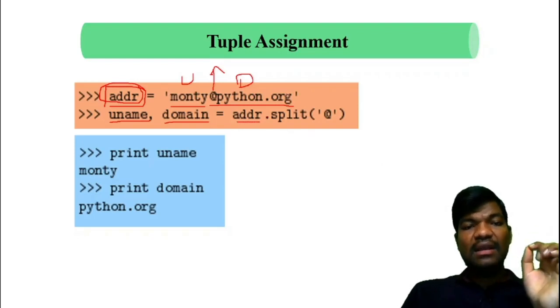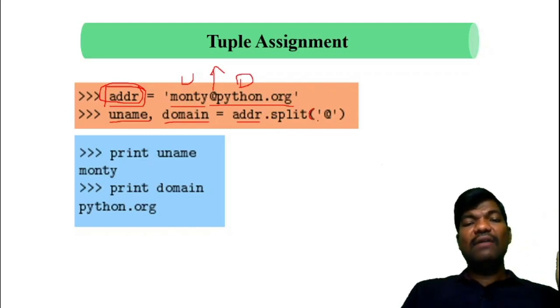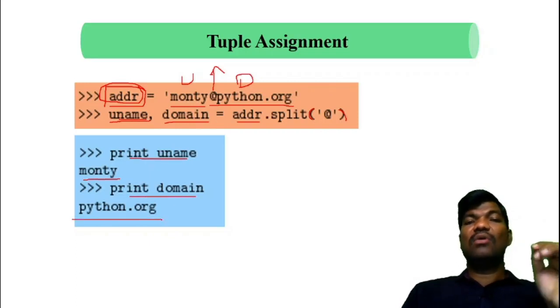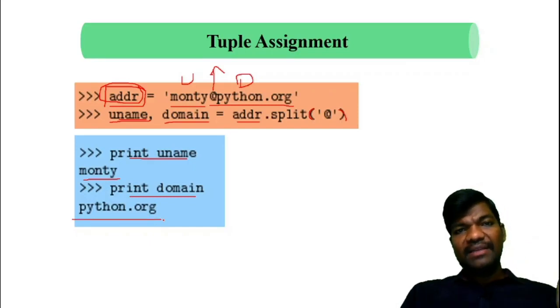This is a string I'm splitting. So what is uname now? Print uname: Monty. Print domain: python.org. So that is the tuple assignment.